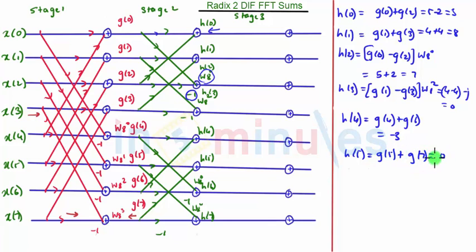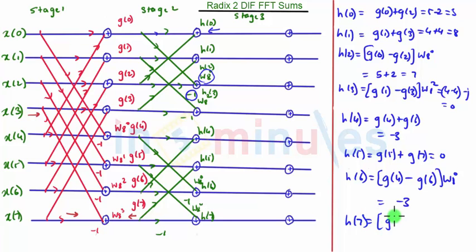Both the values are 0, so it is 0. h(6) is equivalent to g(4) minus g(6) multiplied by W^0, that is -3. h(7) is equivalent to g(5) minus g(7) into W^2, that is again 0.